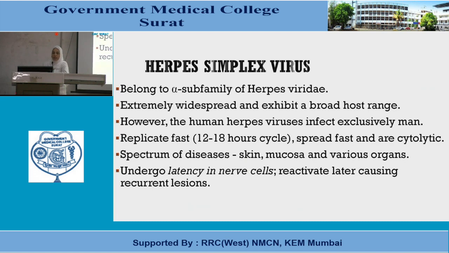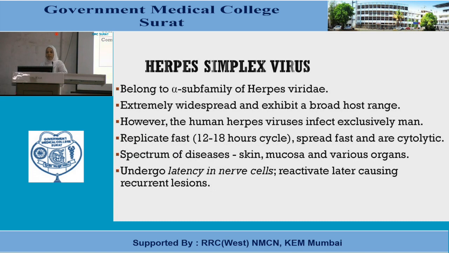They are cytolytic. And as I said, that spectrum of diseases, they infect skin, mucosa, as well as various organs. And they undergo latency in neurons or nerve cells. They can reactivate later, causing recurrent lesions, or whenever there is immunosuppression, they just supersede or come up again, flare up.